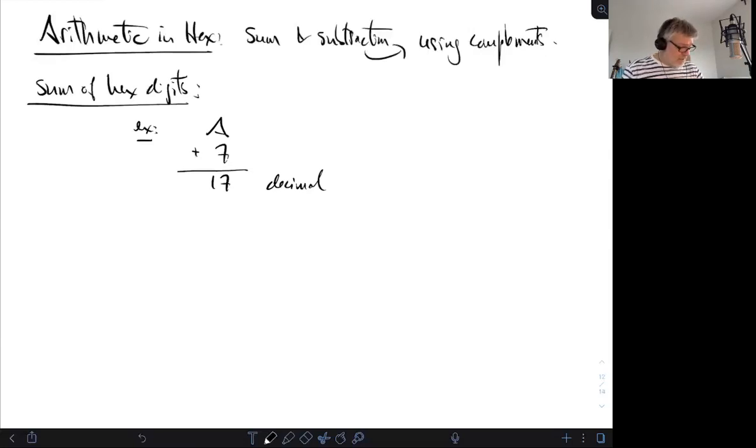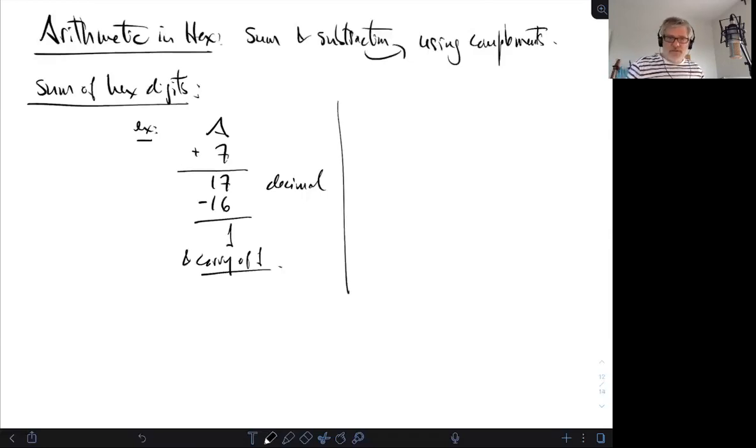I'll subtract the 16, leaving 1, and a carry of 1, because of the 16 that you're removing. So in other words, 17 is 11 in hex, so it's 16 plus 1.